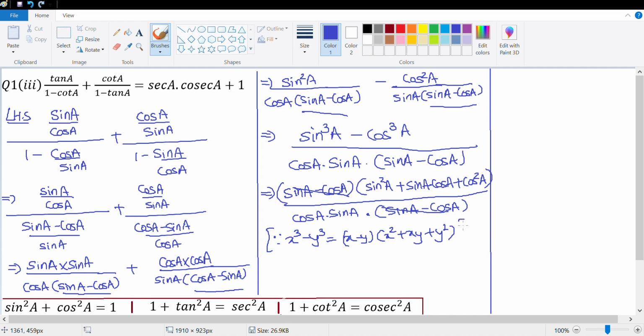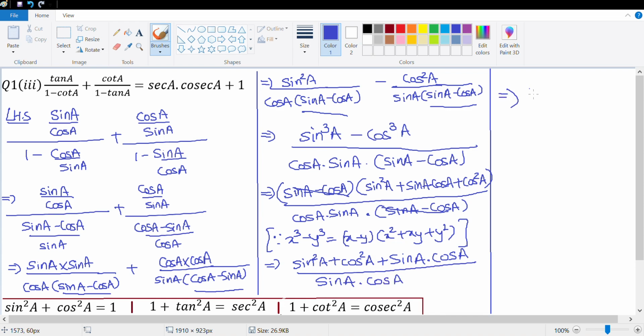Yes, that's the reason. And now I am left with, in the numerator, sine square A plus cos square A plus sine A dot cos A, and in the denominator I have sine A dot cos A. Now sine square A plus cos square A is nothing but 1.